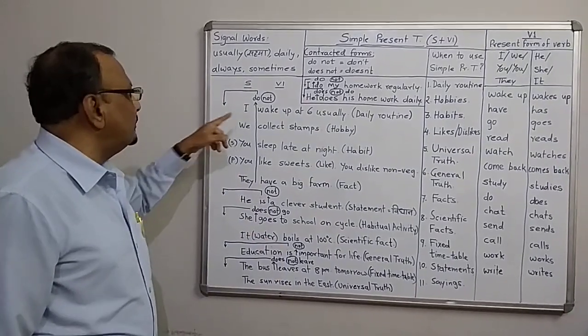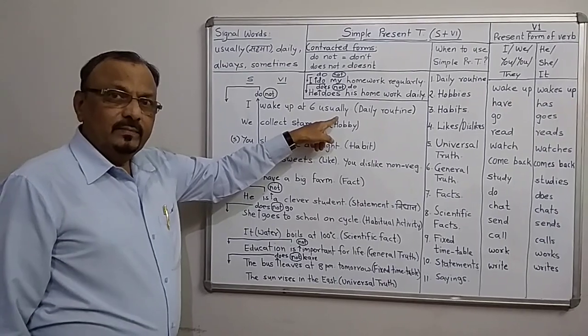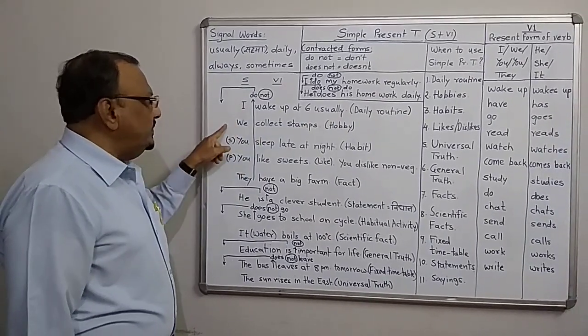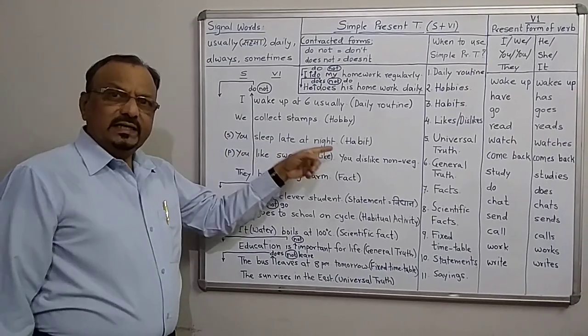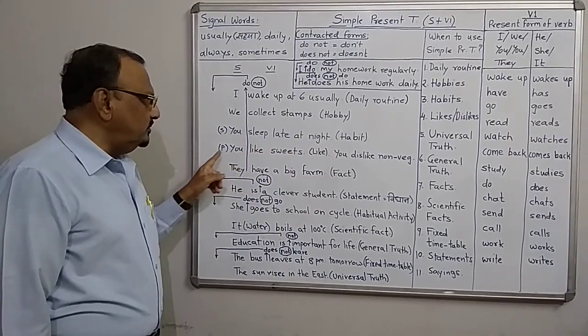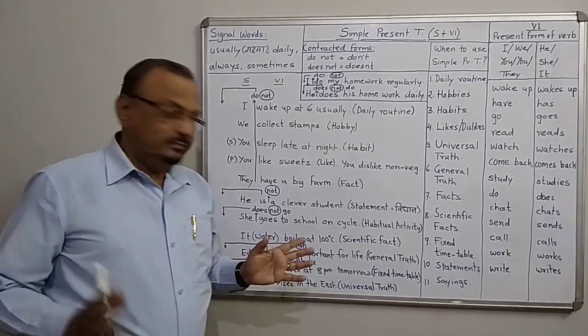Okay, let us see how. Do I wake up at 6 usually? Question mark. Do we collect stamps? Do you sleep late at night? Do you like sweets? Do they have a big farm?